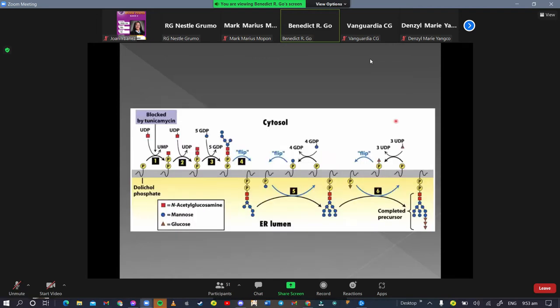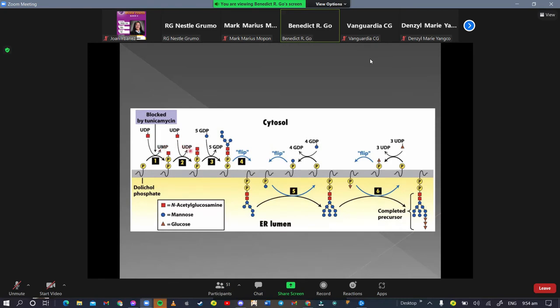Okay, now this is the formation of your oligosaccharide. The difference I will note later on. But initially, the formation of the oligosaccharide is through the use of dolichol phosphate. In step 1, you will note that the UDP donates the GlcNAc to your dolichol phosphate, but not only that, it also donates the 1-phosphate, so it releases uridine monophosphate.